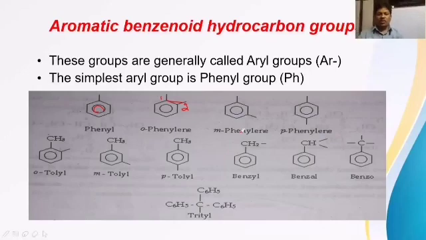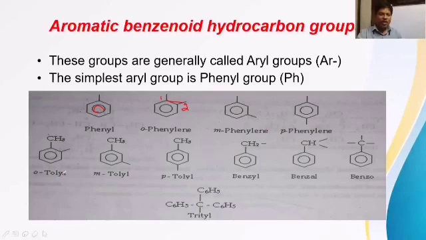We have to keep that point in mind. And next, paraphenylene. How is it obtained? By the removal of 2 hydrogen atoms, one from the first carbon and the other from the fourth carbon. So from the para position, 1 hydrogen is removed, and we say paraphenylene group.